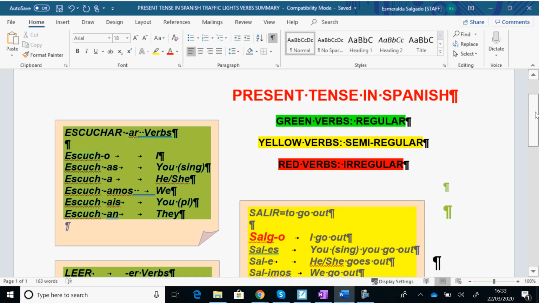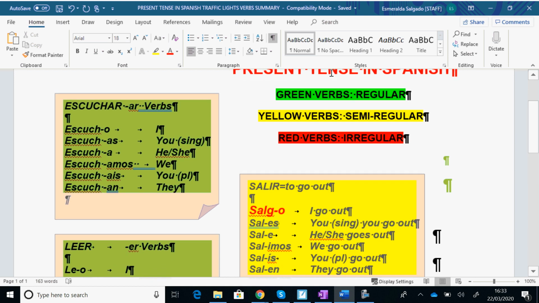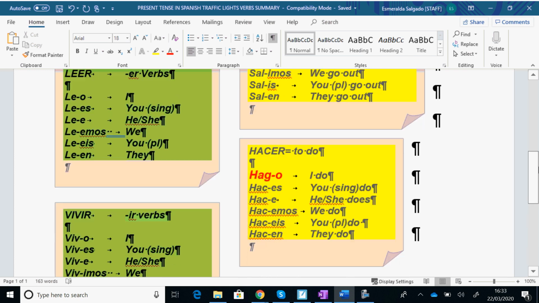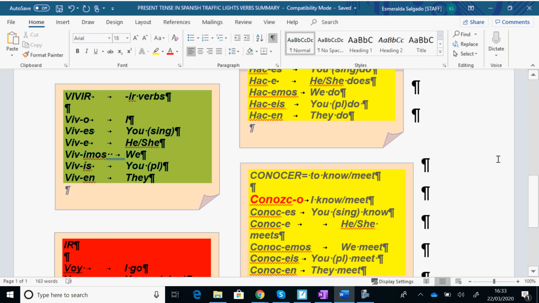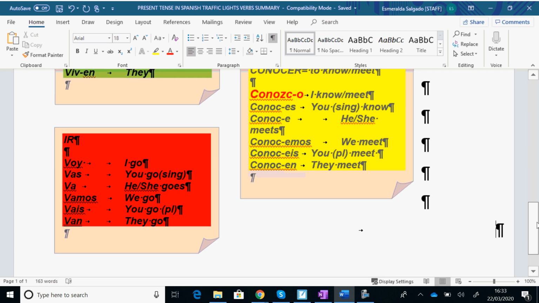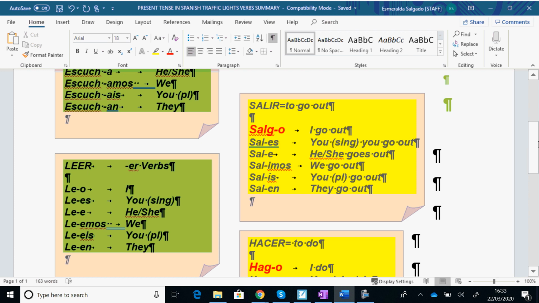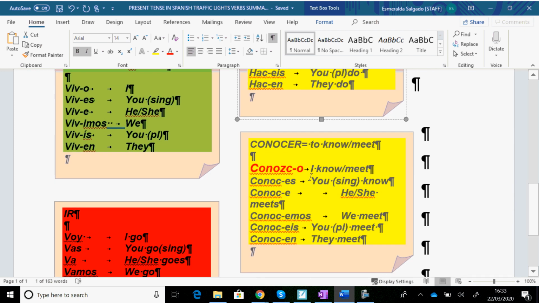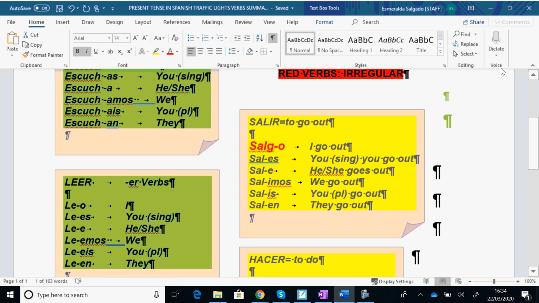We did that after the daily routine, but you've got here air verbs and your endings, and you have ear verbs and your endings, like leer, to read, or comer, or aya verbs and the endings, the verb to go, which you know, and the three semi-regular. And you see, I go out, I do, and I meet or I know people. Okay, conozco. How everything else is fine. So you can have that in front of you.